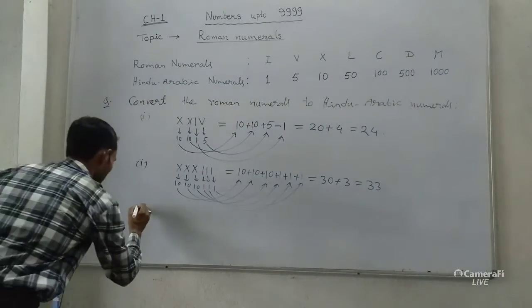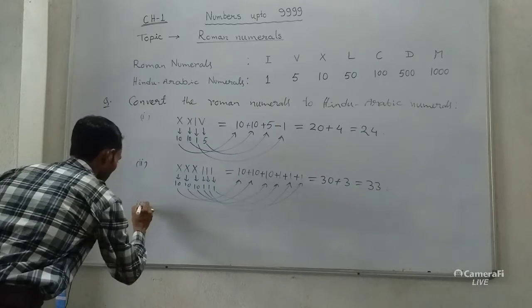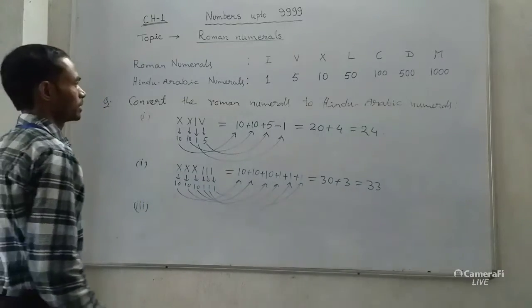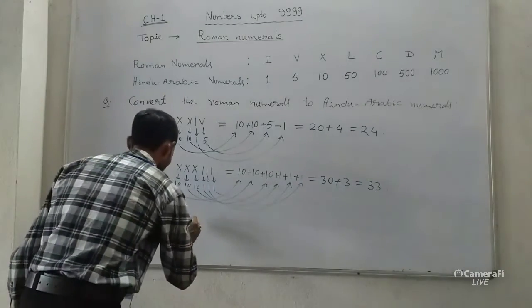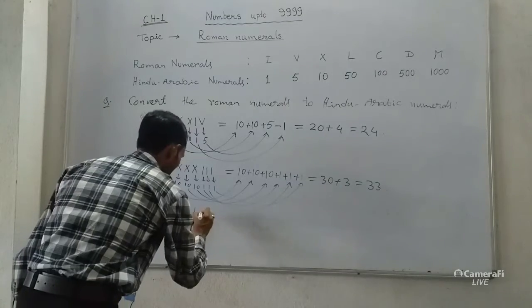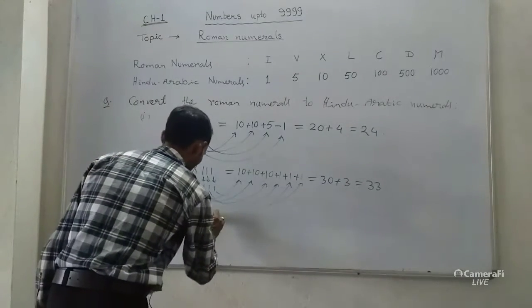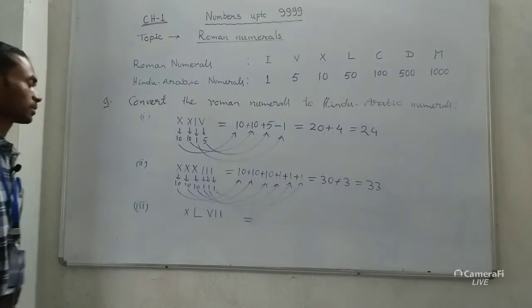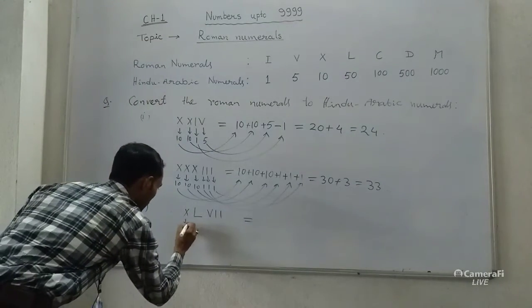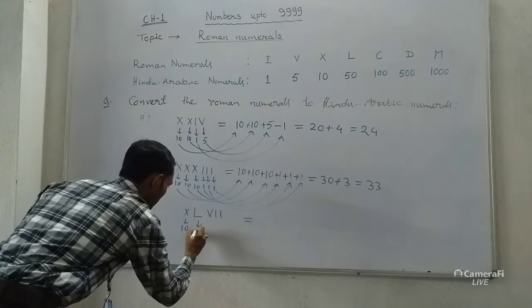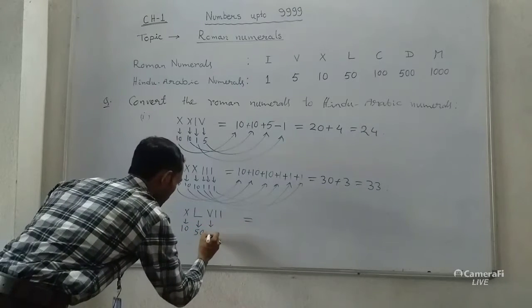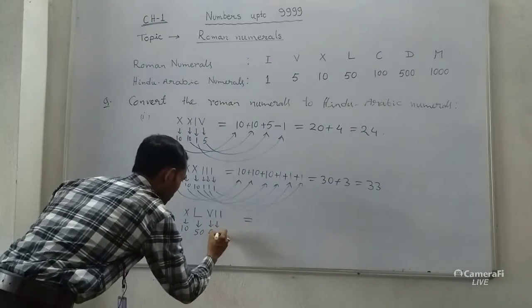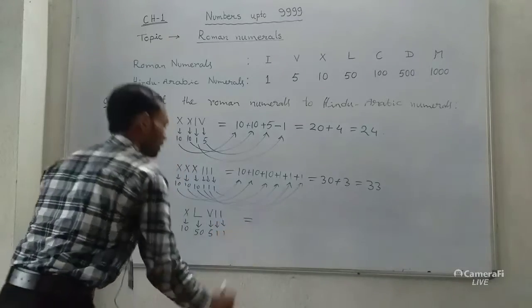Let us take another example, third number. XLVII. X means 10, L is 50, V is 5, I is 1, again I is 1.